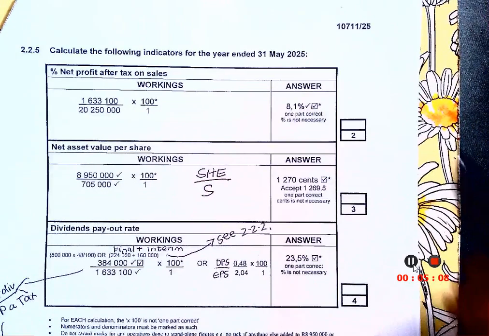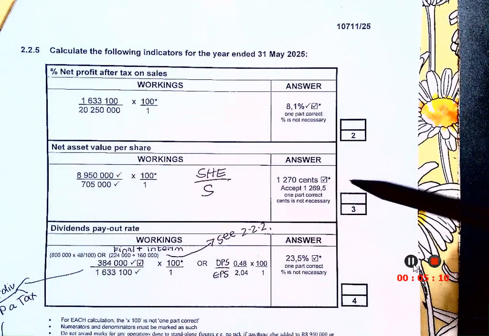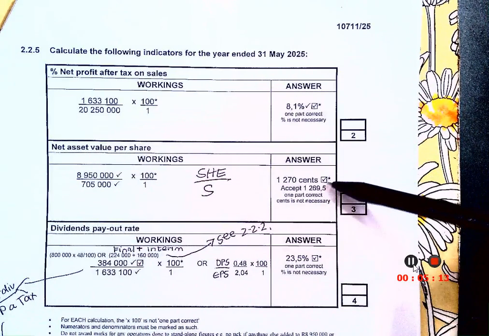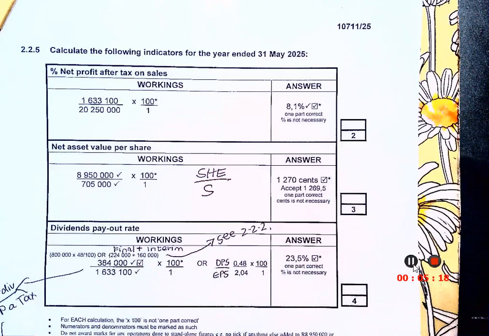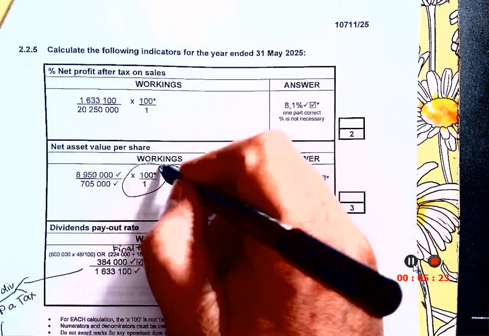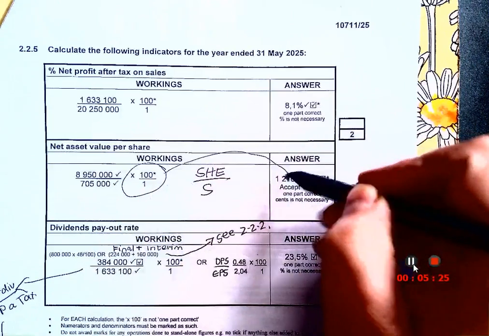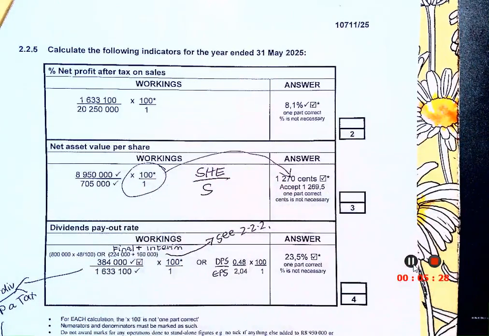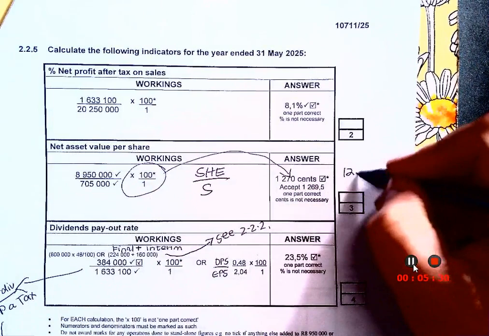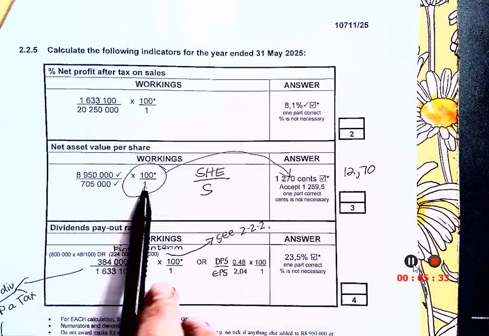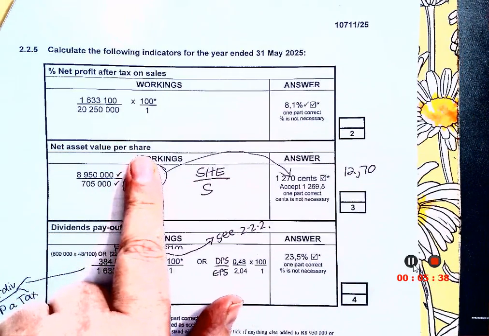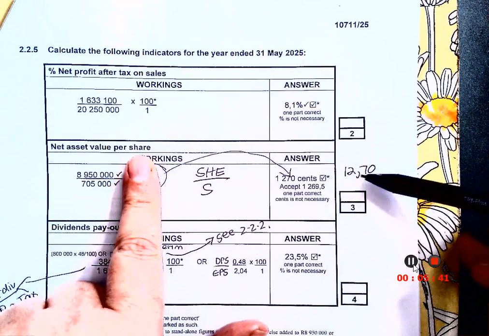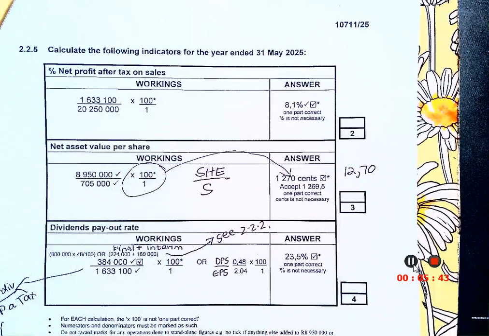Now, please don't write cents or rands. When we mark and you say times 100, we assume your answer is in cents. If you were to say 12 rand 70, then you can't have 100 there. Then it must just be this. So make sure about how you write this.